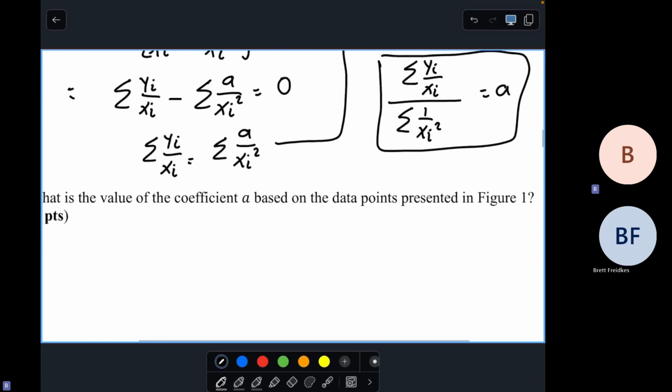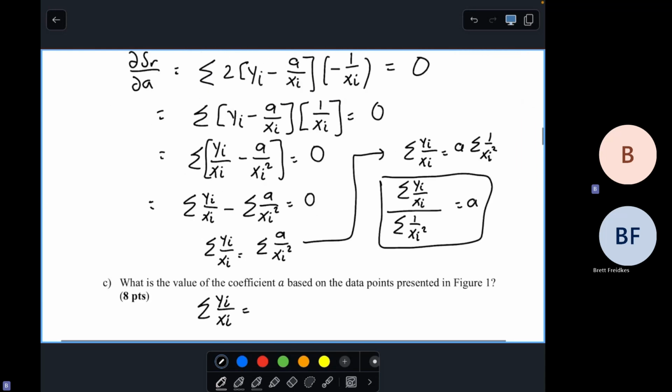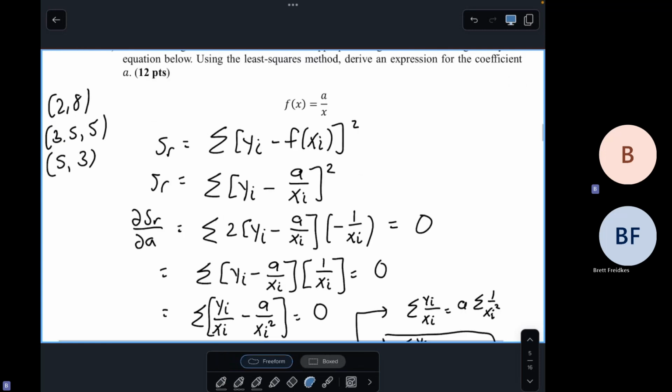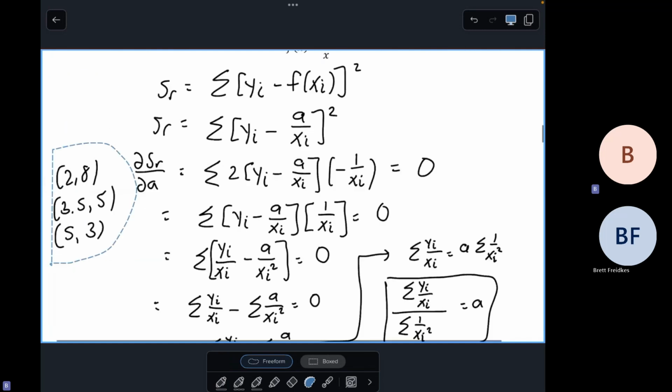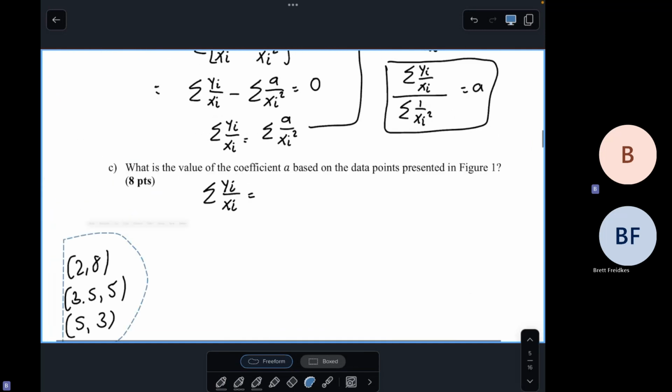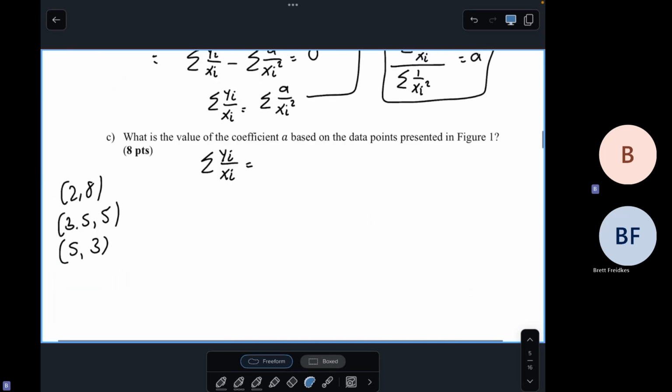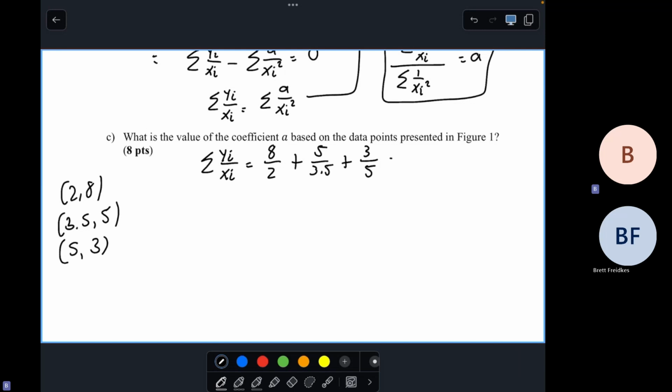So what we need to do now is sum yi over xi. Let's look at our data points. So the summation of yi over xi will be the summation of 8 over 2 plus 5 over 3.5 plus 3 over 5.